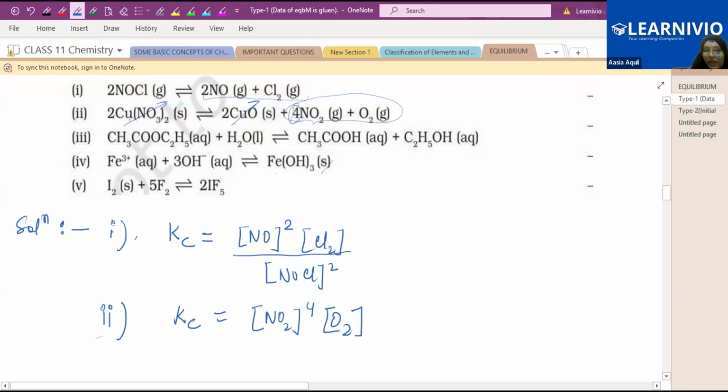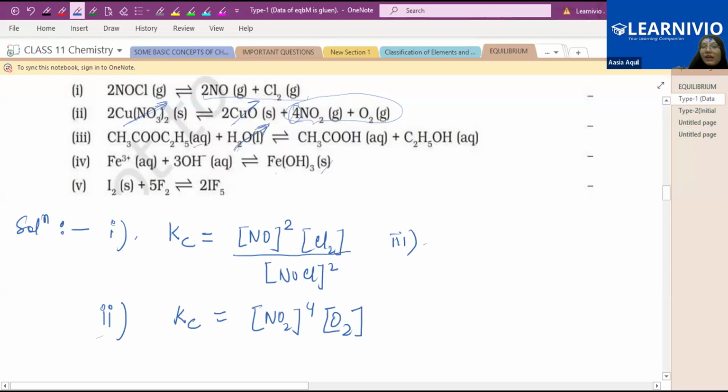Basically, the pure solid and pure liquid concentration is taken as unity. Always keep this in your mind. For the third reaction, CH3COO, this is aqueous, so you will consider this. But this H2O is a pure liquid, so you will take this as unity.